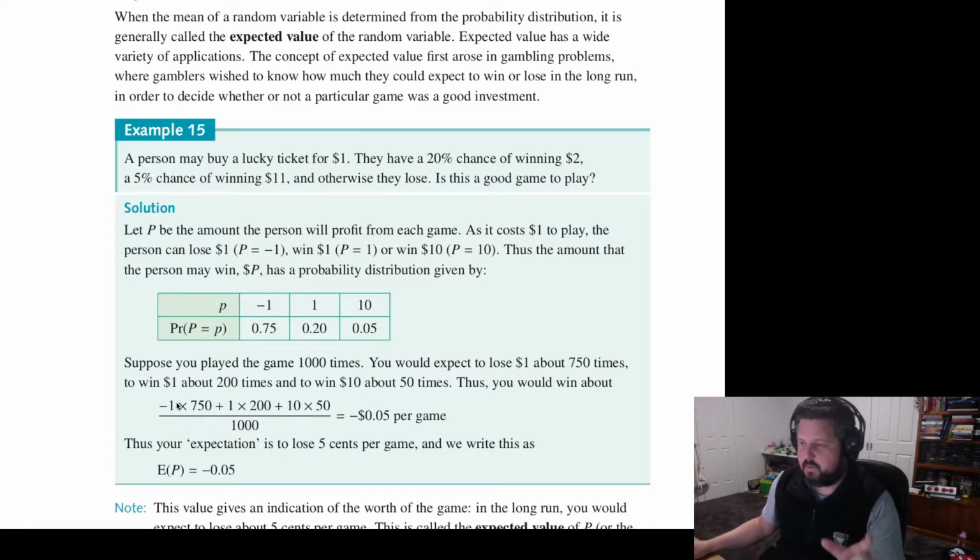We then add those together, and we divide it by the number of games that we had here, which was 1,000, and it comes out to being negative 0.05 per game. So that's 5 cents is what you would expect to lose per game. Now, in this particular topic, the way we'd write the expected value of P is negative 0.05.